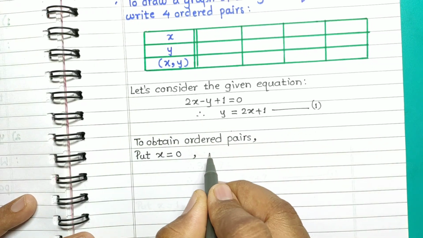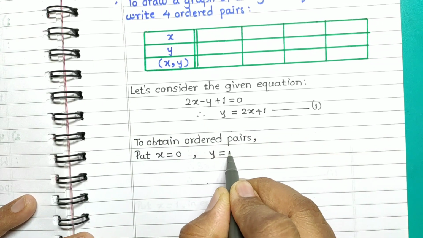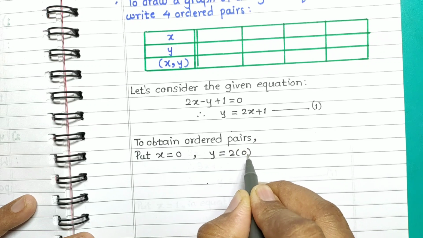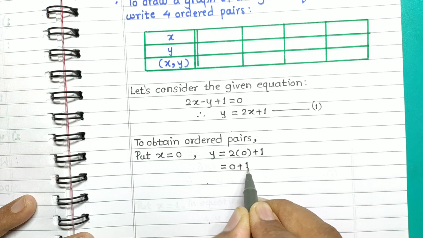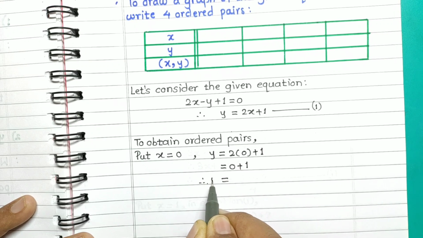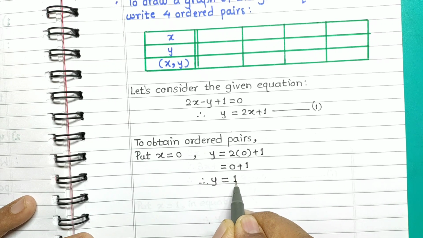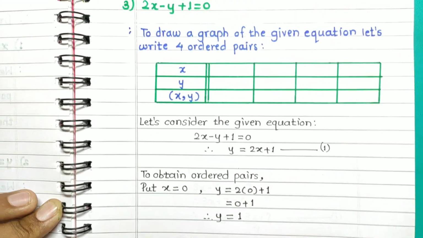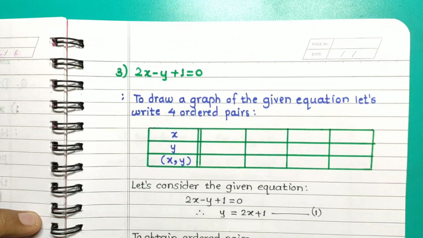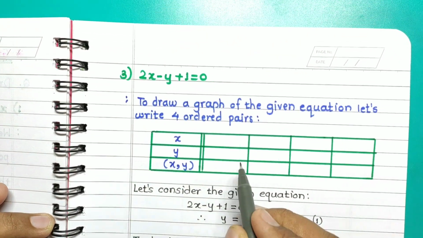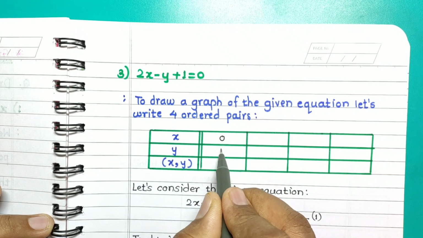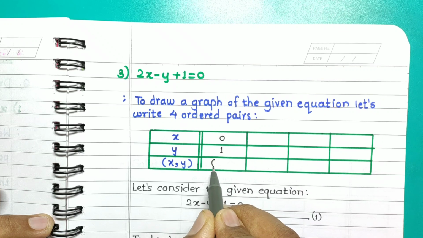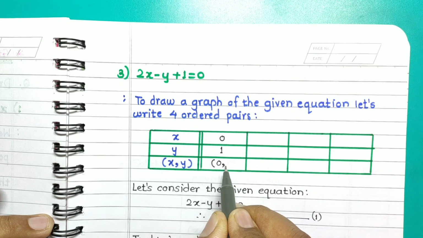See, therefore, y is equal to 2 into 0 plus 1. So this is 0 plus 1, and therefore we have y is equal to 1. So the first ordered pair is, see, for x is equal to 0, we have y is equal to 1, and the required ordered pair is (0, 1).